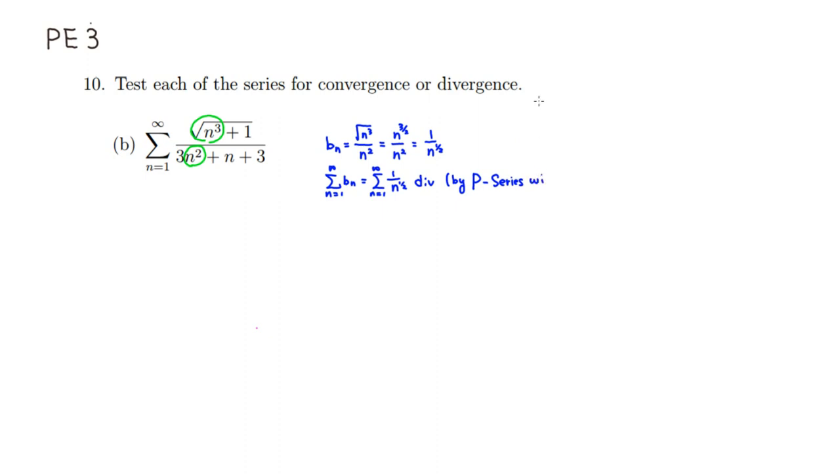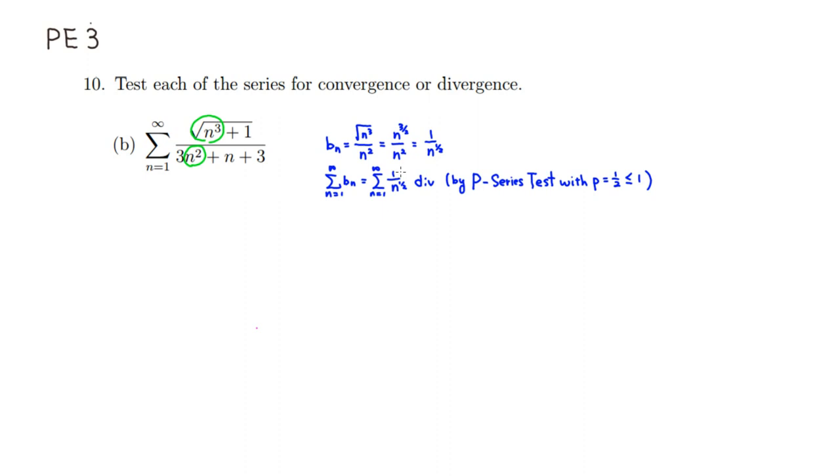In this case, P is 1/2, and 1/2 is definitely less than or equal to 1, so therefore we get a divergence.